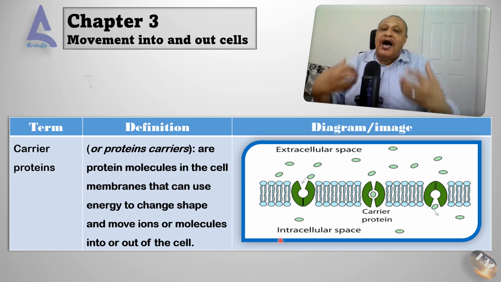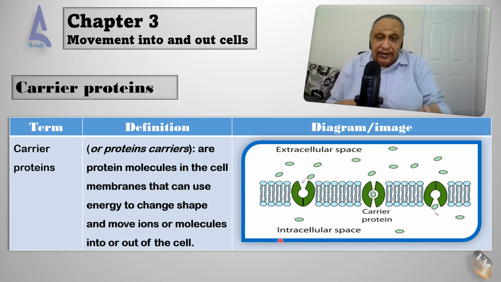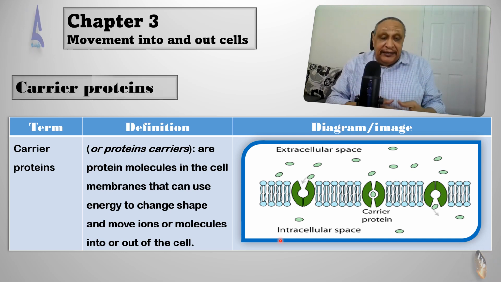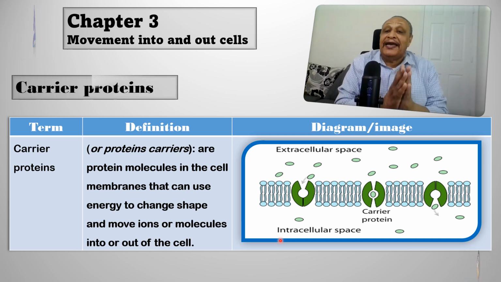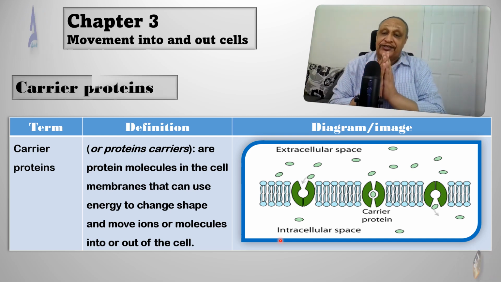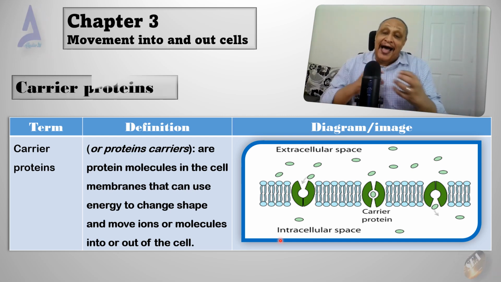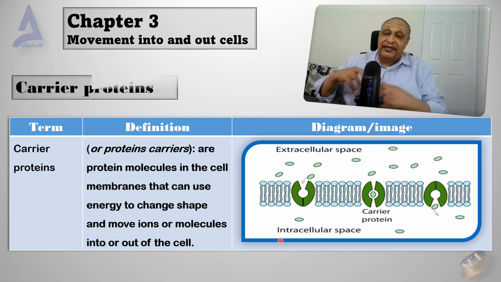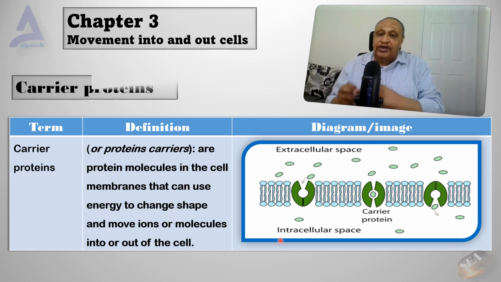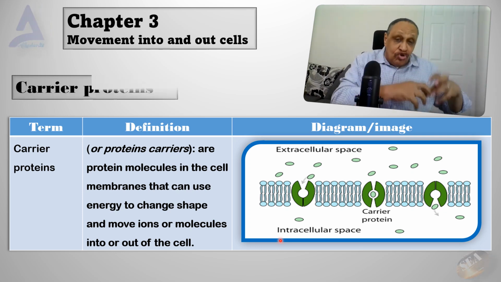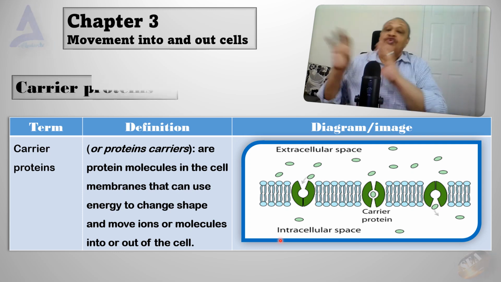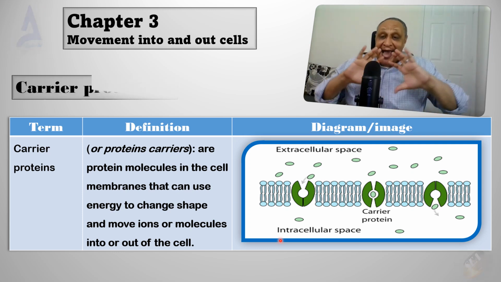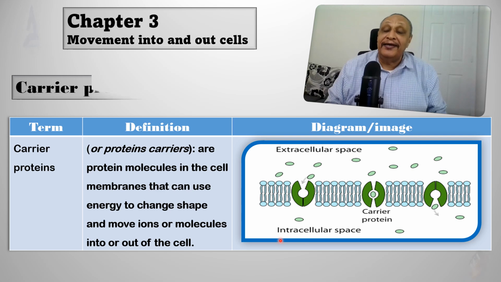And this is why you need to use energy and why you need to use this carrier protein that changes its shape to allow the movement of a specific molecule from low concentration to high concentration, against the concentration gradient.